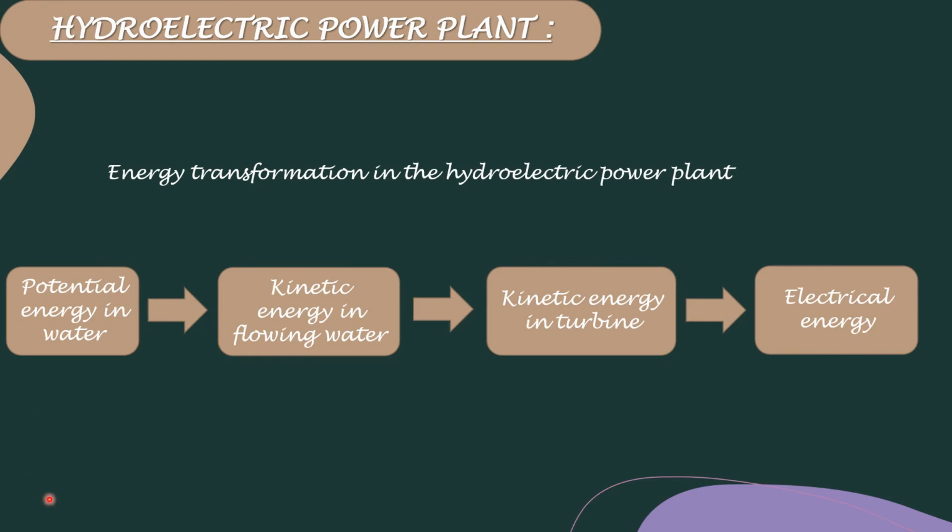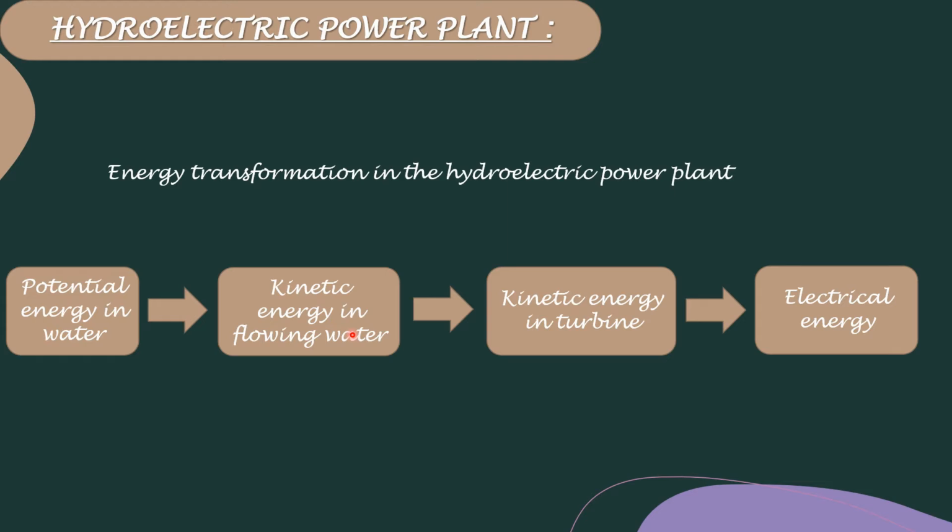Students, now let's understand the energy transformation in the hydroelectric power plant. Now we know that in a hydroelectric power plant, a water reservoir is used as a source of energy. So the potential energy in water stored in a water reservoir like a dam is converted to the kinetic energy of water by making it flow to the bottom of the dam.